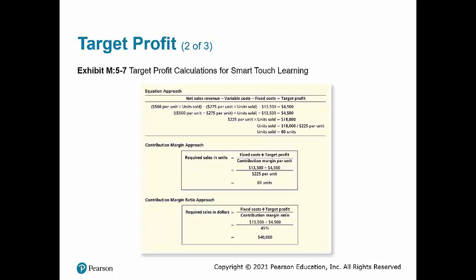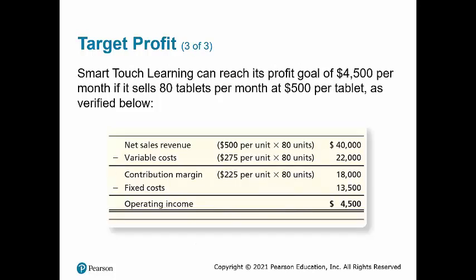Using the contribution margin ratio approach, we would add our total fixed cost of $13,500 plus our target profit of $4,500 and divide by the contribution margin ratio of 45%, and our required sales in dollars to earn our target profit would then be $40,000. We can plug in the 80 units into the contribution margin income statement, and we can see that we would achieve our operating income or target profit of $4,500 with the 80 units that we calculated previously.